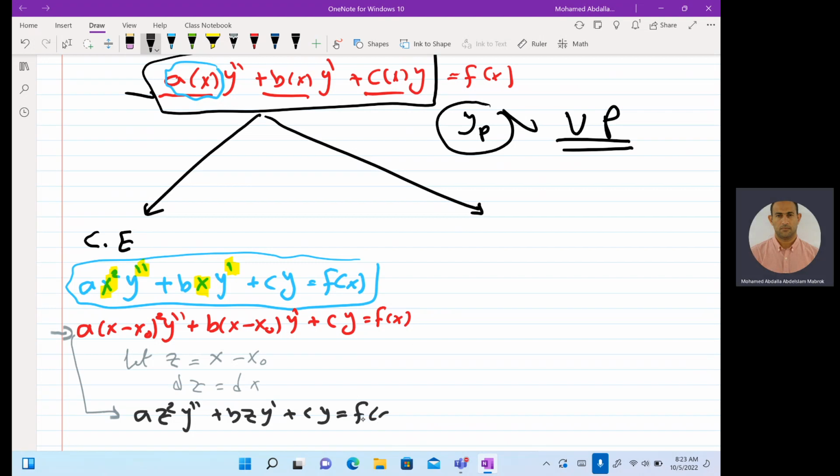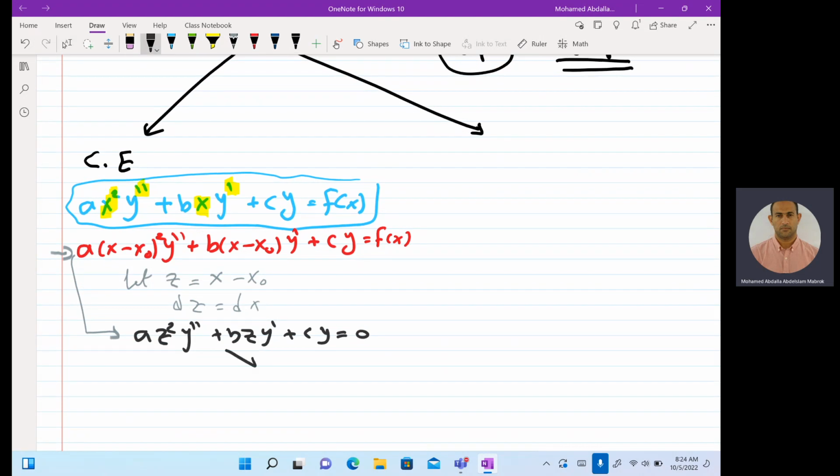In fact, here it will be f of z. But we could just solve the homogeneous part because we are not in a problem with the YB. Our main issue is with the YC, and then we could solve this as Euler-Cauchy.